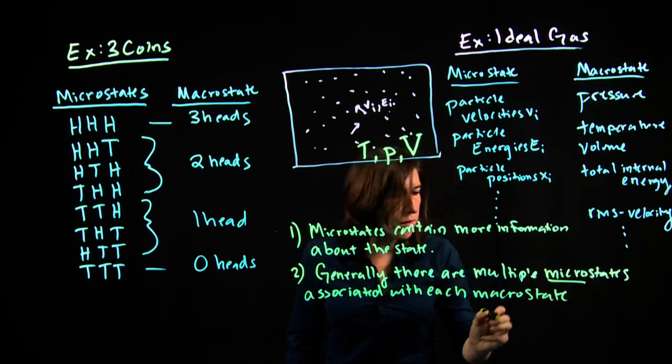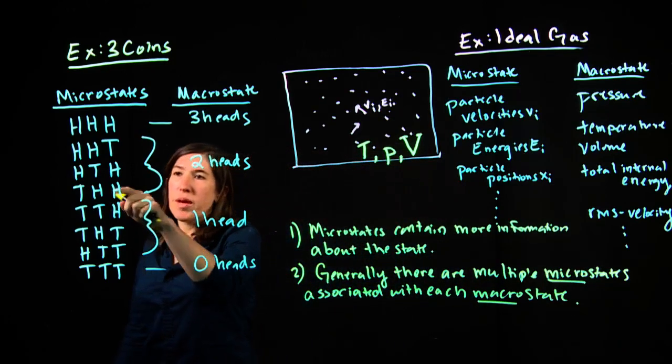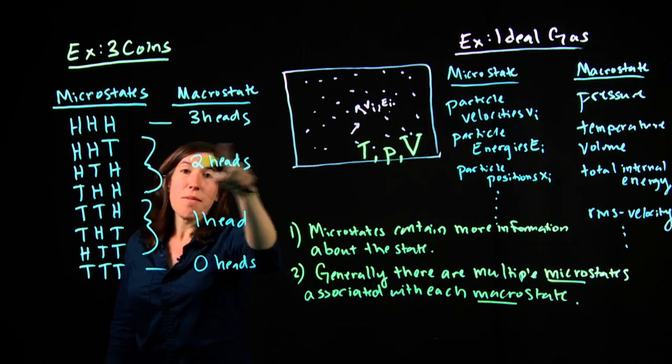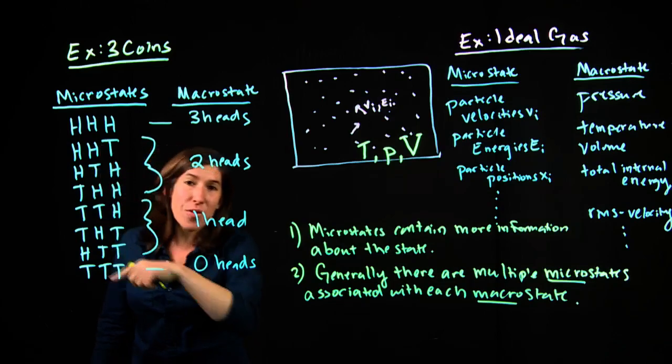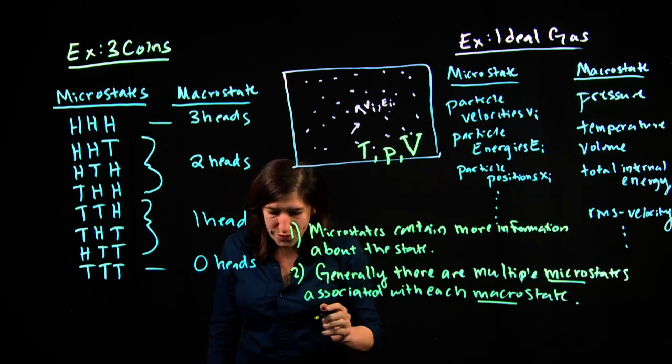Like we saw here, we could have the macrostate of two heads, and you'll see there are three different microstates associated with that one macrostate.